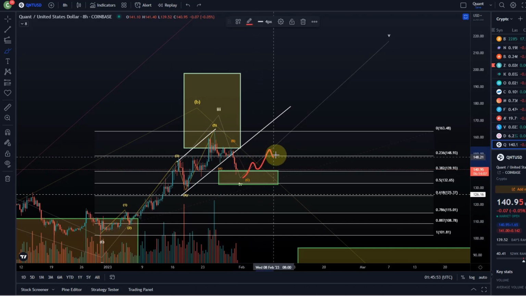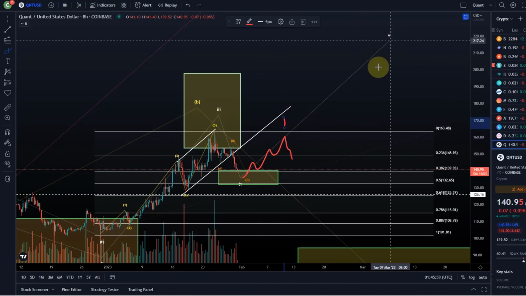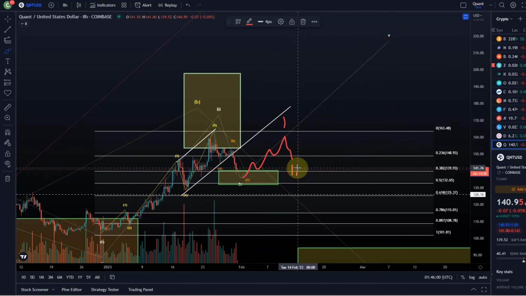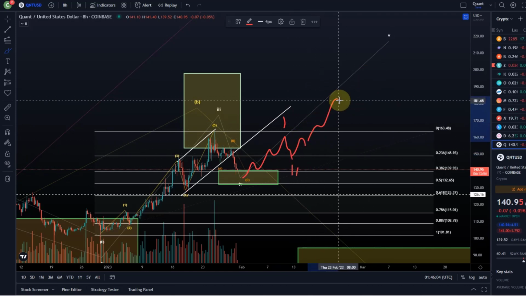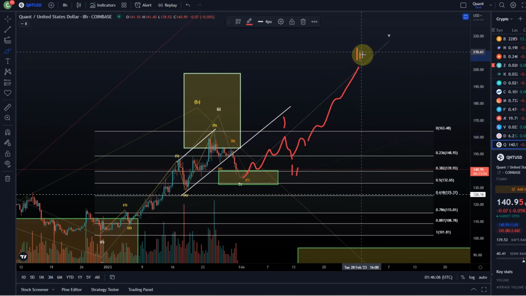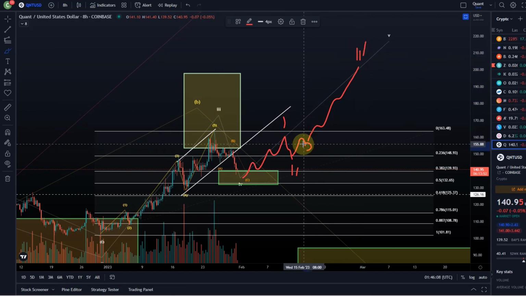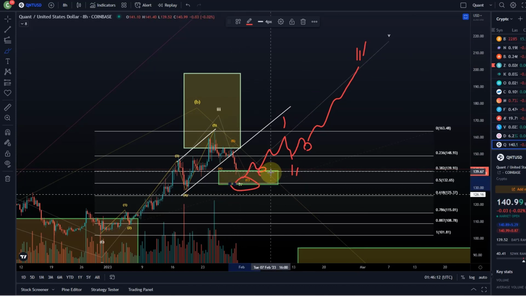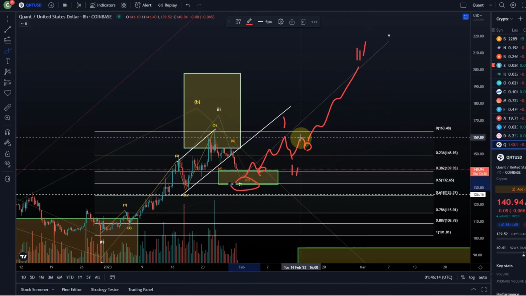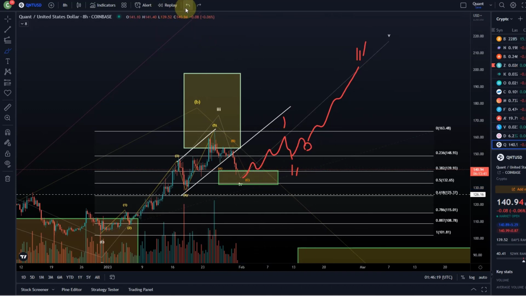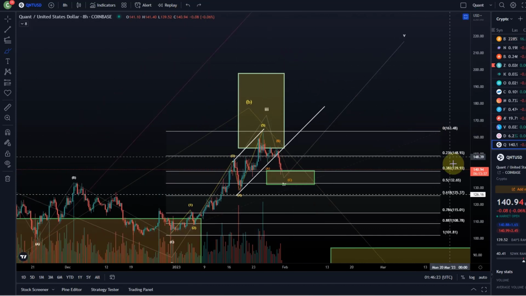So 1, 2, 3, 4, 5, A, B, C, and then we might have wave 1 finished of the wave 5, a wave 2, and then you could scale into the next 1-2 setup of the wave 3 of 5, here, and obviously here. So you've got various possibilities to scale your trade up, and in each 1-2 setup, the risk will decrease. That's normally how to play this. How you execute that is, of course, up to you.